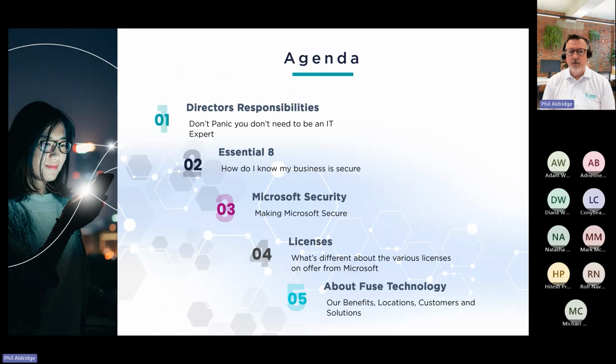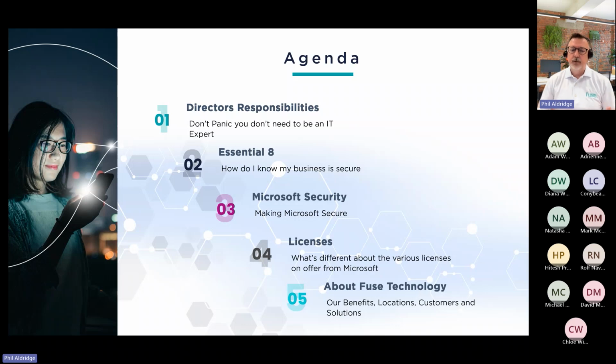Now, I appreciate that not everybody on the call is probably a director, but you probably report to a director. So this is twofold. This is for directors to understand what they need to do, and for people that report to directors to tell the directors the information they need in order to be able to report and do proper governance on their organization from a cyber AI perspective.